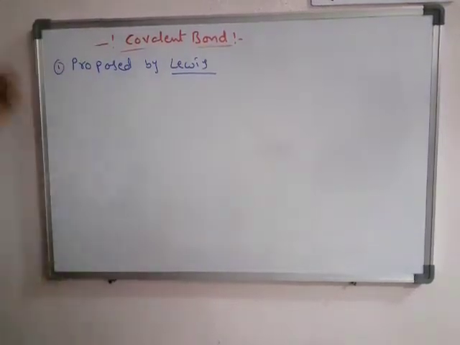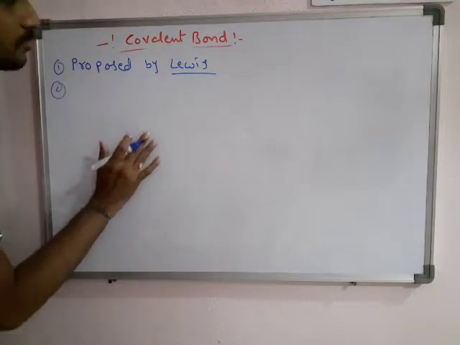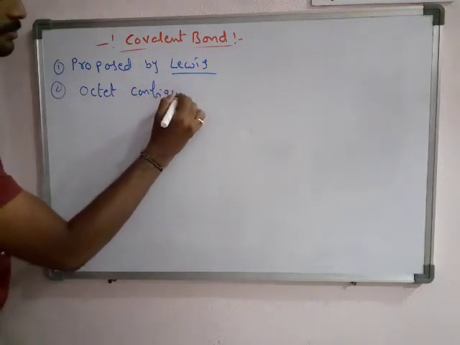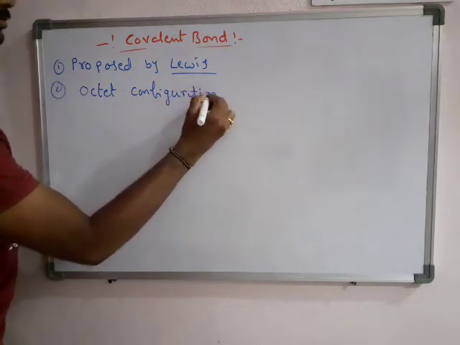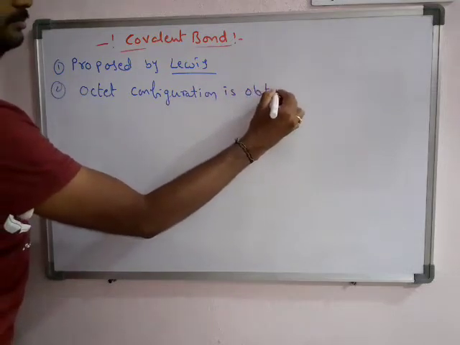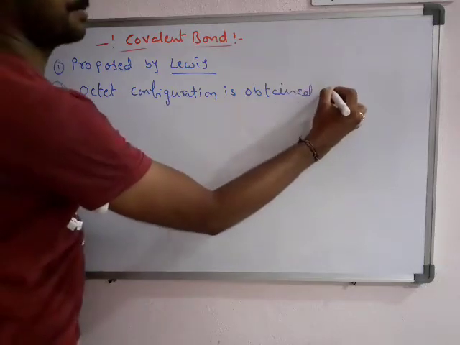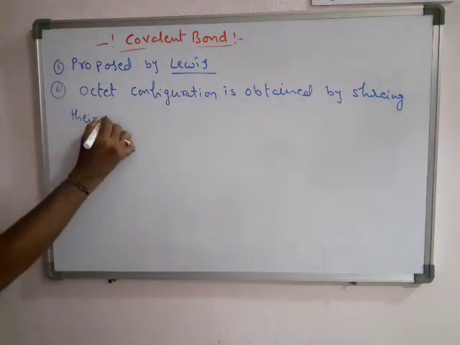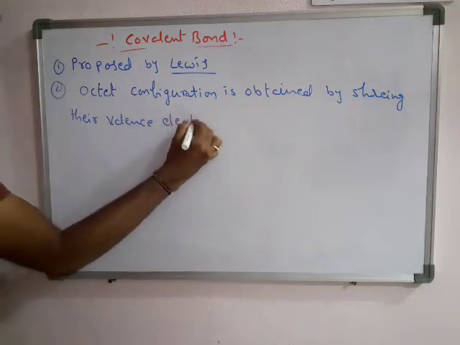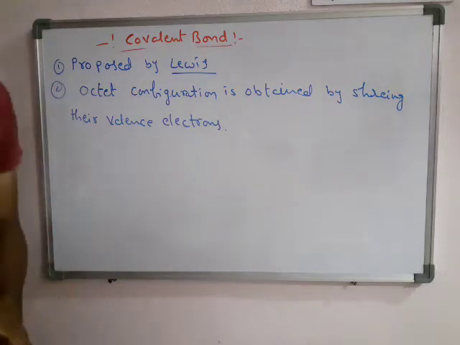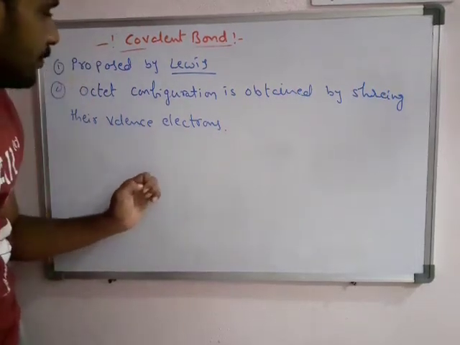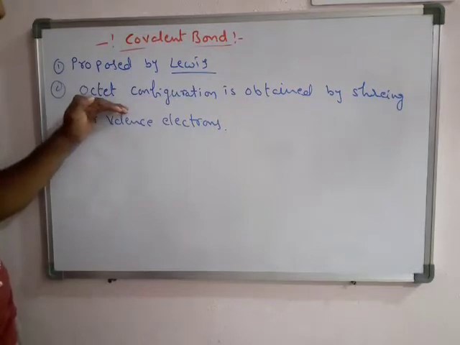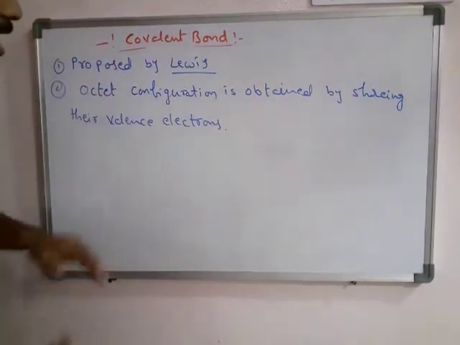According to Lewis, covalent bond is formed when the octet configuration is obtained by sharing their valency electrons.